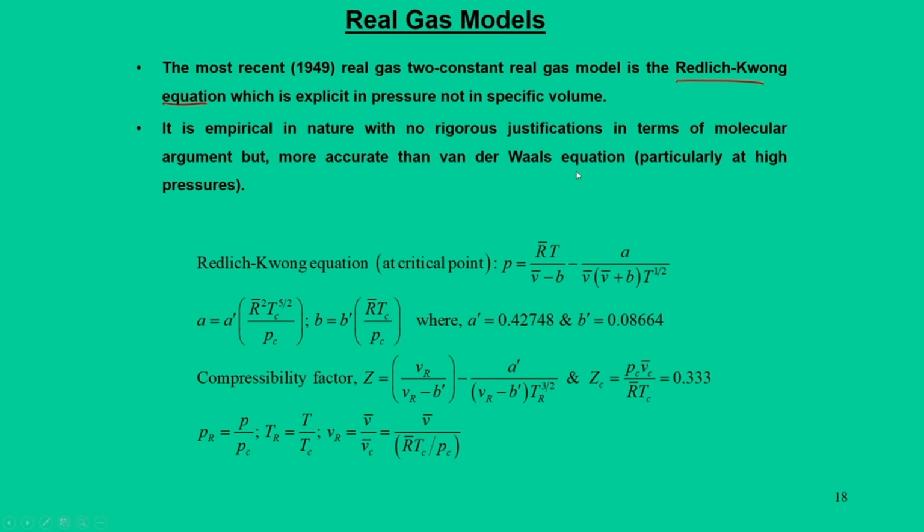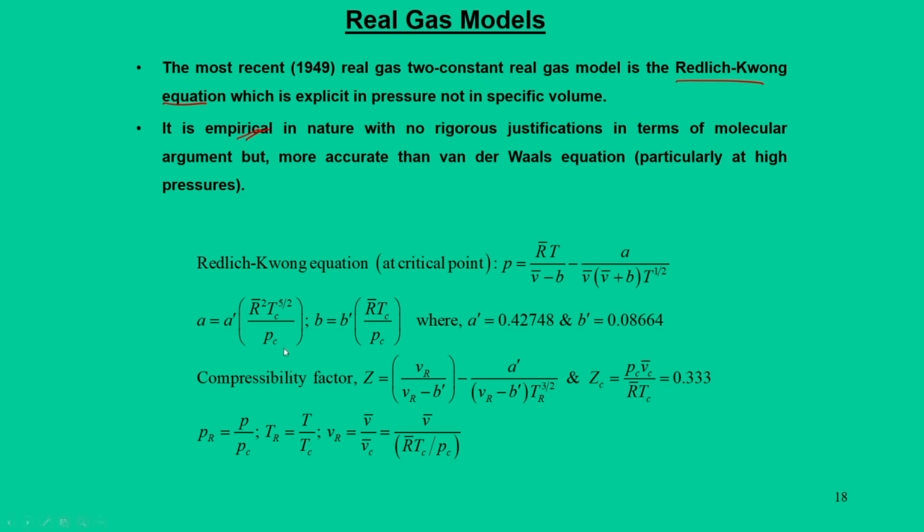But the Redlich-Kwong equation is empirical in nature, and no necessary justification could be made for why these numbers were taken into account. However, it has been proven to be more accurate than the van der Waals equation, particularly at high pressures. That means at high pressures, the inaccuracy of the van der Waals equation becomes significant.